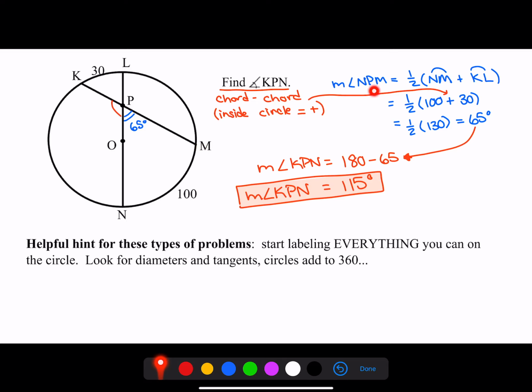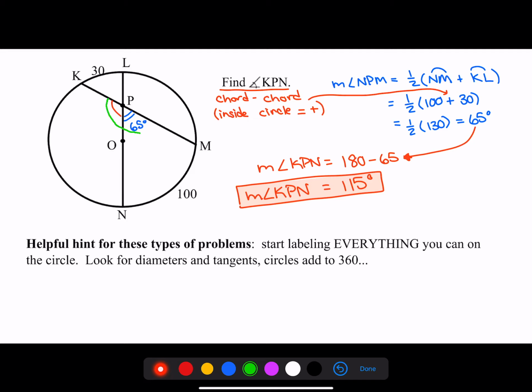So NPM is equal to 1/2 of arc NM plus arc KL. That'll give me 1/2 of 100 plus 30. Well, 100 plus 30 will give me 130, and half of that is 65. So NPM is equal to 65 degrees. But I also know that we have a straight line here.